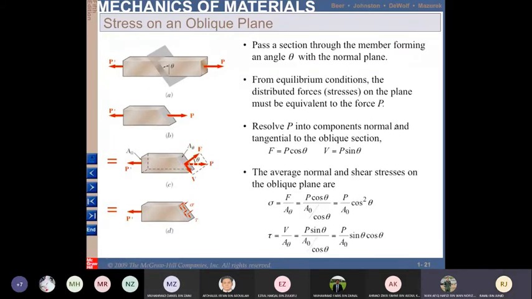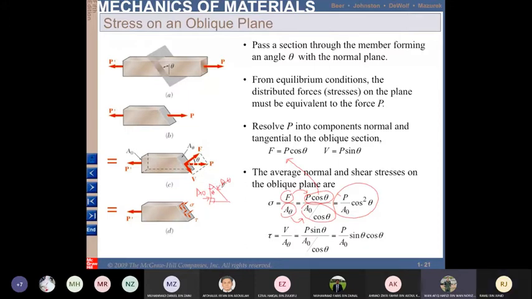So that's why you got this. You must know why this becomes this, and you must know why this becomes this. So this one is from here, and this A theta, as I explained, this is your A theta. This is your A original. So this makes a 90 degree angle, and this is your theta.